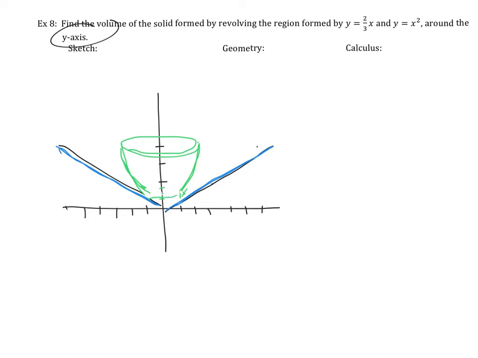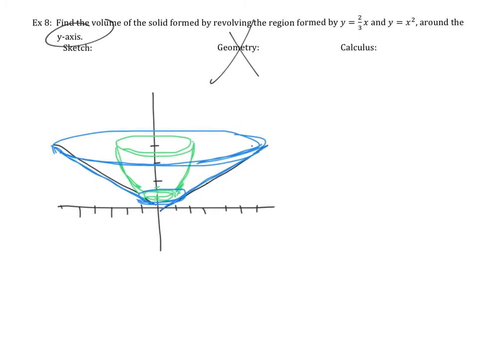From (1, 1) to... And then on the outside we've just got this larger bowl shape going on. So that's essentially what we have happening here. Geometry is failing, since I only have one straight line. I've got curves to deal with. So I'm going to try to figure out how I can express the volume of this figure.